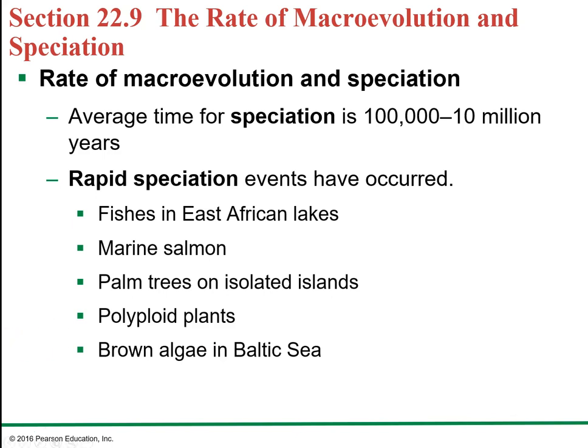We'll talk a bit more about the fishes in the East African lakes, and we've given that example in general bio as well. There are also examples for marine salmon, palm trees on isolated islands, polyploid plants, and brown algae. These aren't all of them, but there are many examples of speciation over a much shorter time scale than 100,000 to 10 million years.